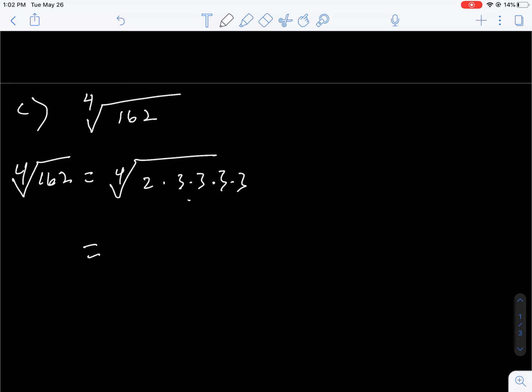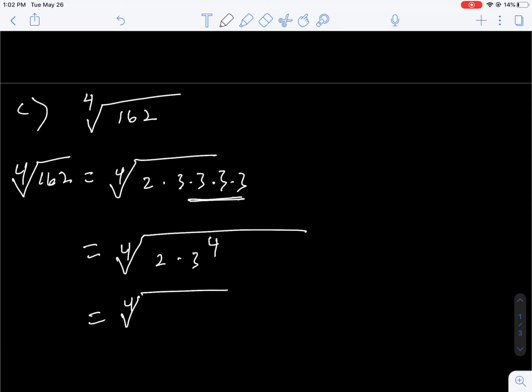Now I can group them together. 3 to the power 4, so this will cancel with this radical.